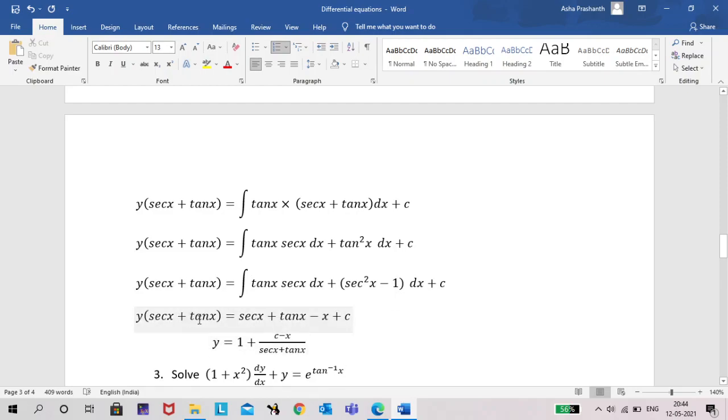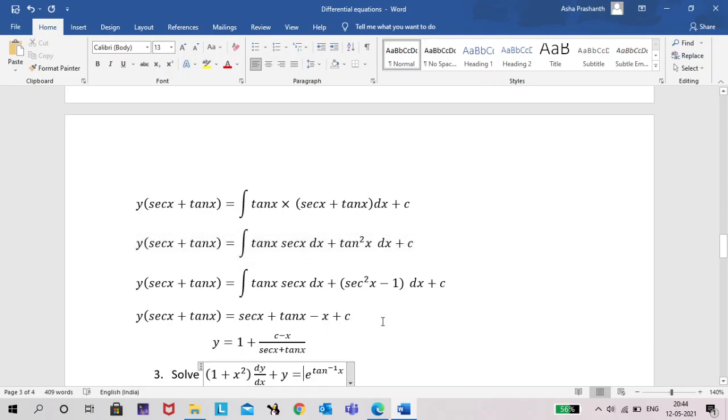So then what I'll get, y is equal to secant x plus tan x, minus 1, right? Plus, I'm taking the reverse order, this c minus x. Instead of minus x plus c, I'm going to write this as c minus x. That can be divided by this secant x plus tan x. This is our general solution for the problem, right? Okay.